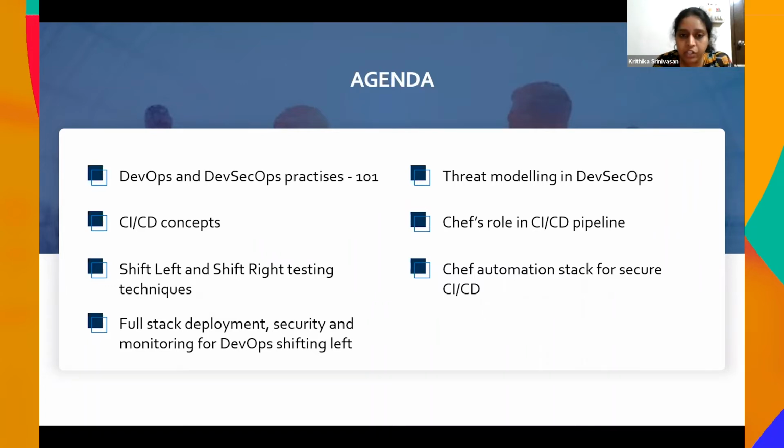A bit of introduction to DevOps and DevSecOps practices, CI/CD concepts, good info on shift right and shift left testing techniques, and full stack deployment, security and monitoring for DevOps shifting left, threat modeling with DevSecOps, Chef's role in the CI/CD pipeline, and Chef automation stack for secure CI/CD. This is the agenda for the day.